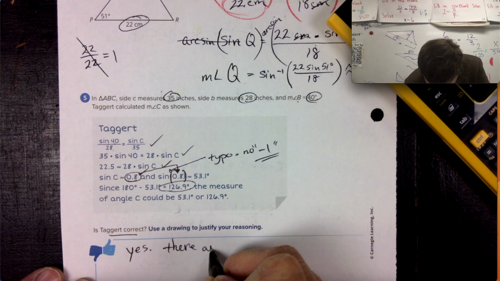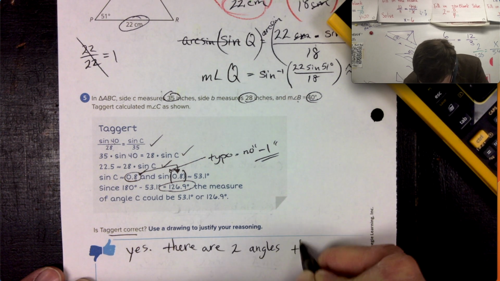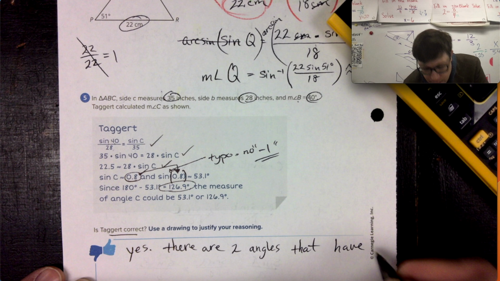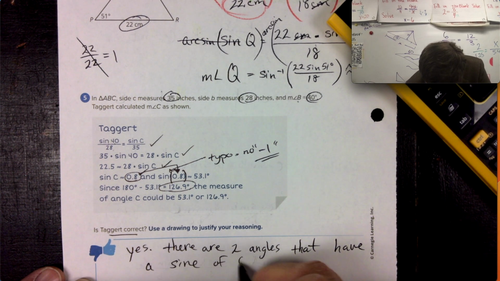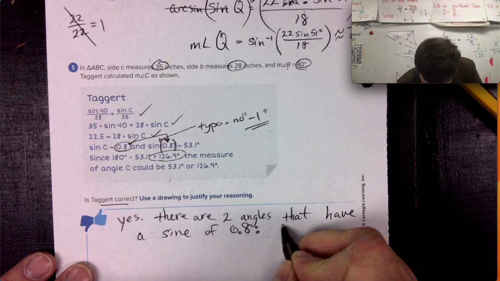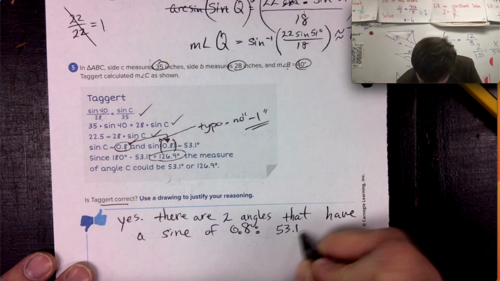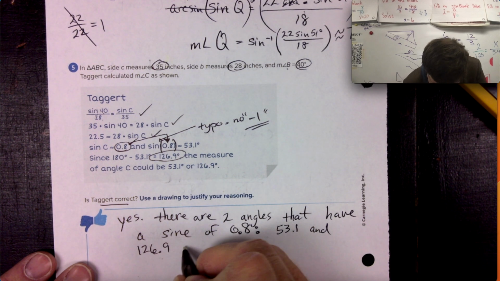There are two angles that have a sine of 0.8. One of them is 53.1 and the other is 126.9.